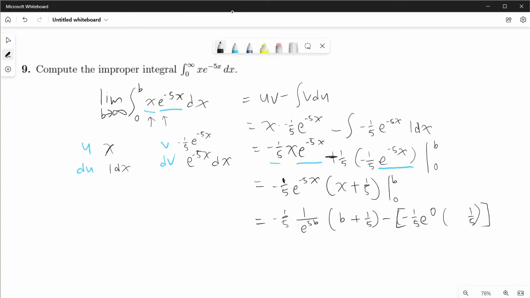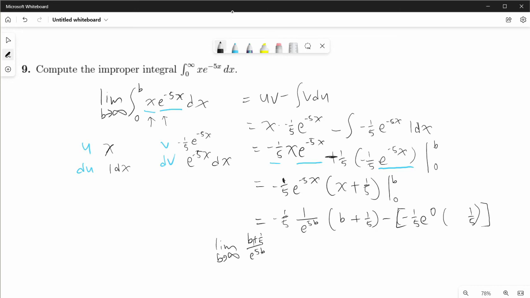So here we can take the limit back here. Limit of this, b plus 1/5, and then it would be e to the 5b.